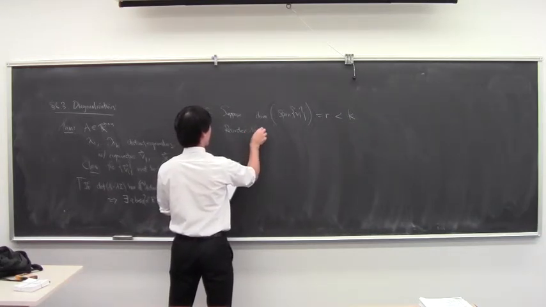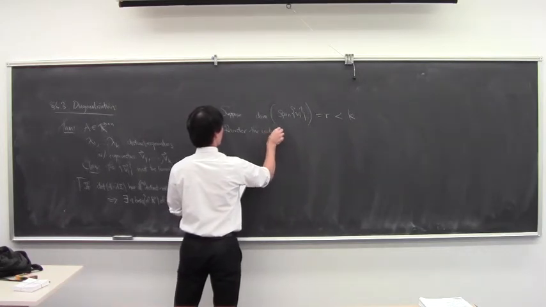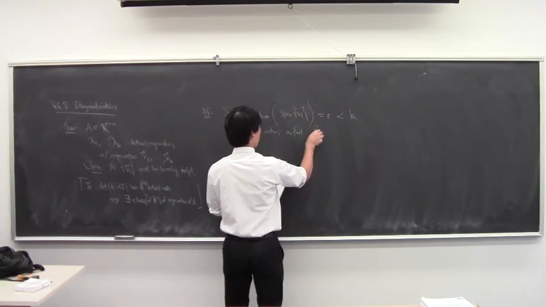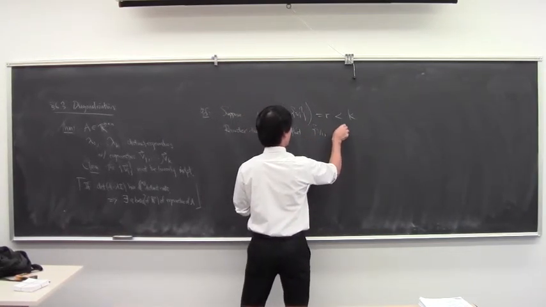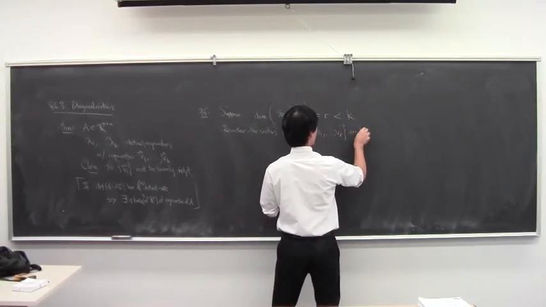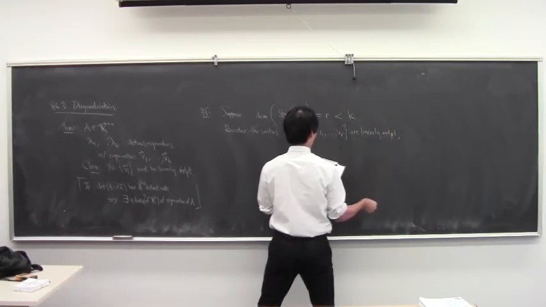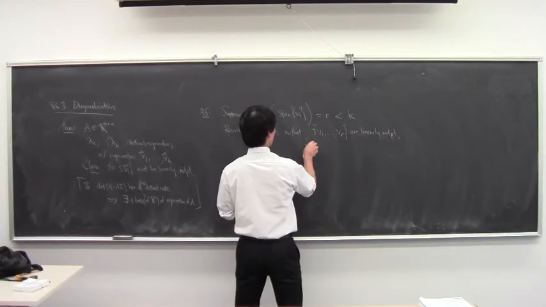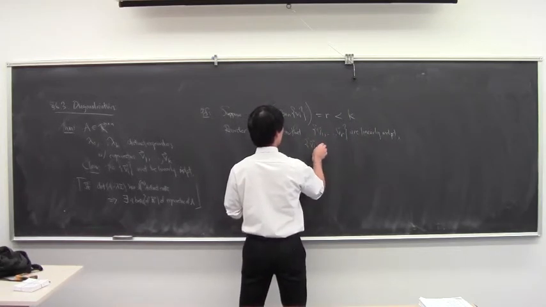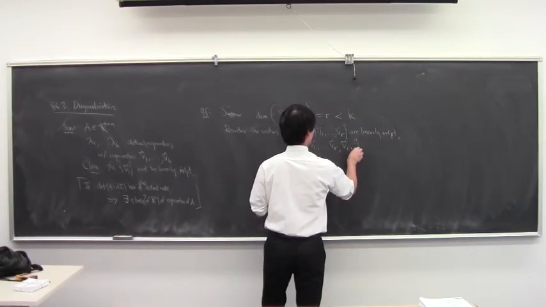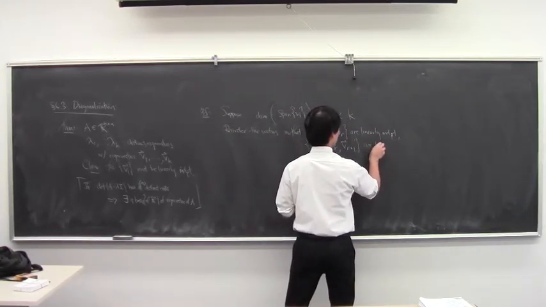Reorder the vectors so that the first r of them, v1 through vr, are linearly independent. And if you throw in the next one, they are linearly dependent.